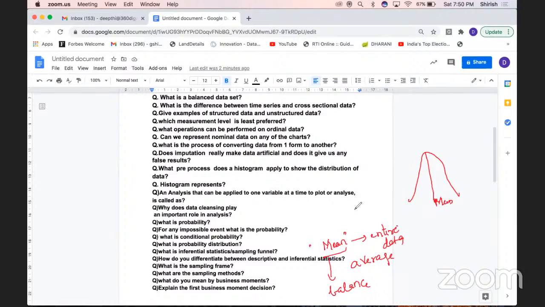Because of one or two outliers, just like if I say whoever is passing out from our institute is drawing a salary of 1 crore. What happens to this? This 1 crore is eye catching. But why is it 1 crore?